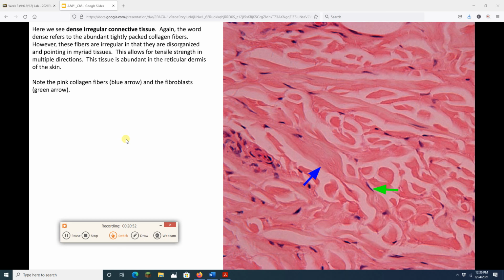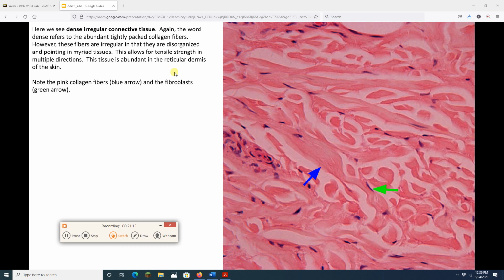Now, this makes us strong in a lot of directions, not as strong as the tendons were in that one direction, but we're really quite strong in many. This tissue is abundant in the lower layer of your dermis, the reticular dermis of your skin.